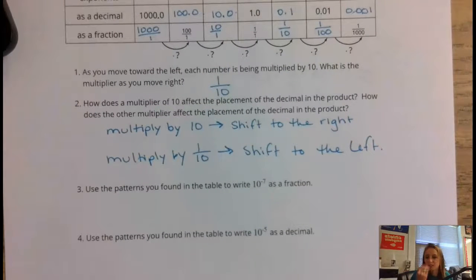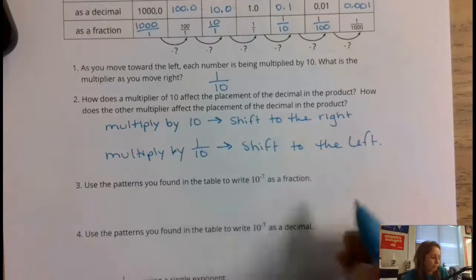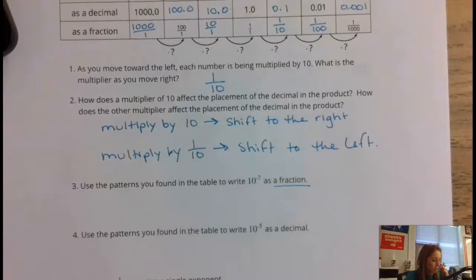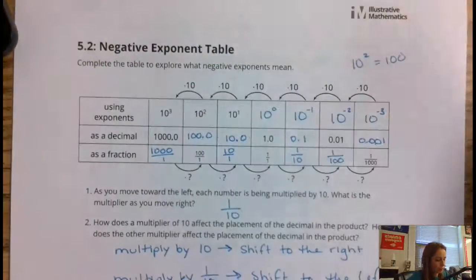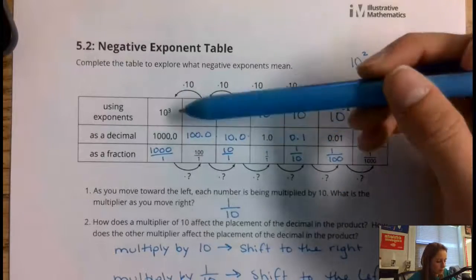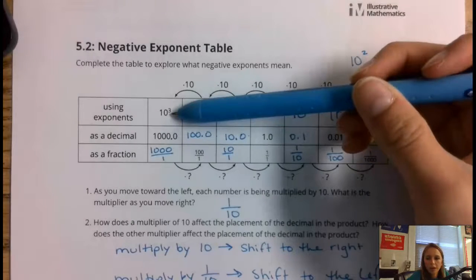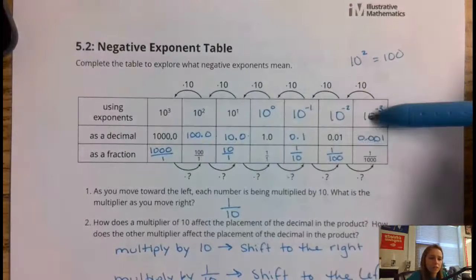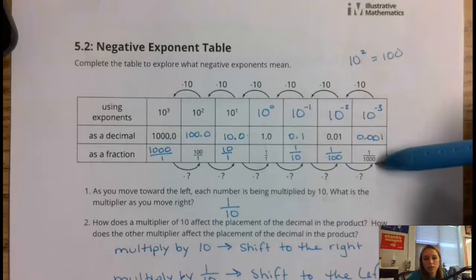Now it says use the patterns you found in the table to write 10 to the -7 as a fraction. Okay, so we want to write this as a fraction. Well, let's compare. Right here, if we have 10 to the third, we have 1,000. If we have 10 to the -3rd, we have 1 over 1,000.